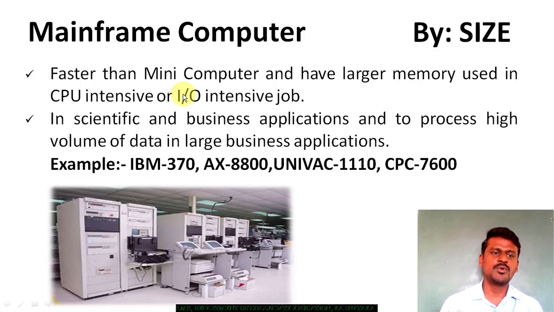IO means input output. Next, they are used in scientific or business applications to process high volumes of data in large business applications. As you can see, these have a very high budget and are very large compared to micro and minicomputers. They have larger memory, can give you very high speed for any data, and can perform input output very fast.